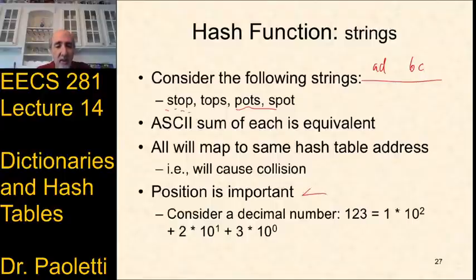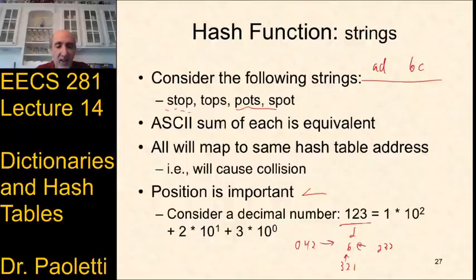Position is important. See, if I had the numbers 1, 2, 3, and 3, 2, 1, they would go to different positions as integers, because each digit has a different meaning. If I said, hey, let's hash integers by summing up the digits, then 1, 2, 3 goes to index 6, and 3, 2, 1 goes to index 6, 2, 2, 2 goes to index 6, 0, 4, 2 goes to index 6.